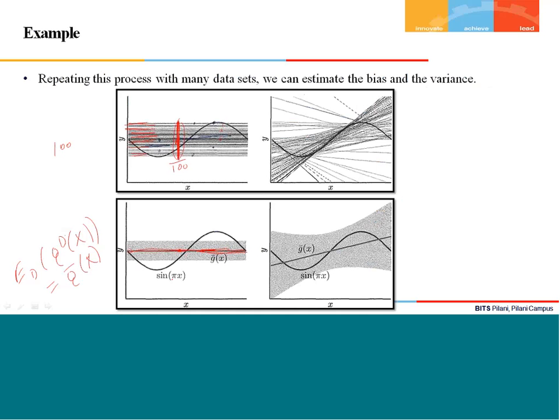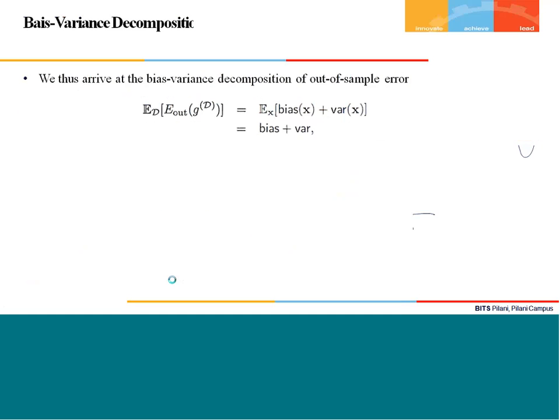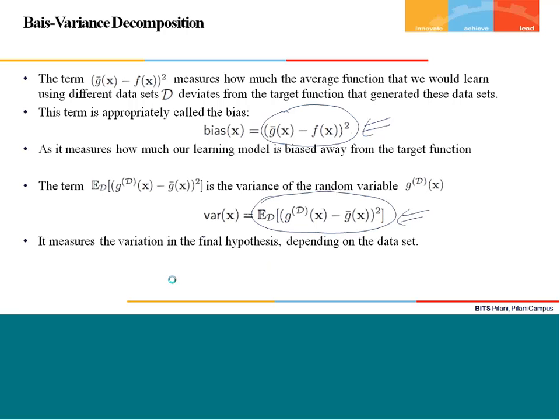You are subtracting the value of x from the mean and squaring it. You take every hypothesis one by one, subtract from the mean, square it, and take the average value. Average value of that is nothing but the variance. This is the formula of variance.